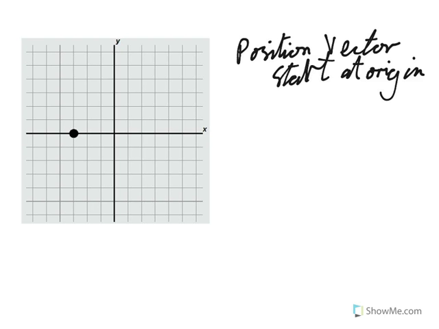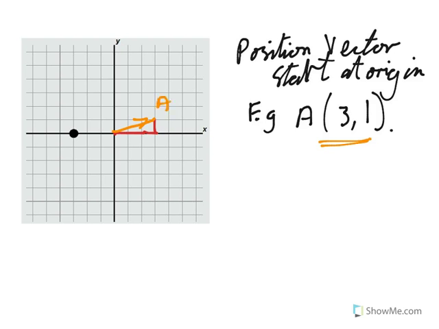So if we look at the position vector, for example, vector A, which is 3, 1, if it's a position vector, it starts at the origin, goes 3 in the x, and goes 1 in the y. So this position vector is that there that I've just drawn in the orange, and so that's A itself.